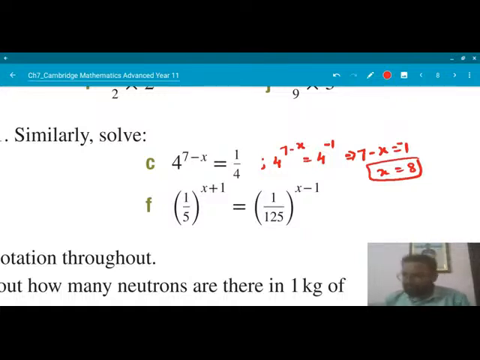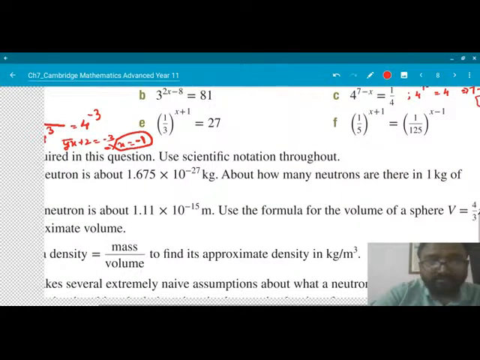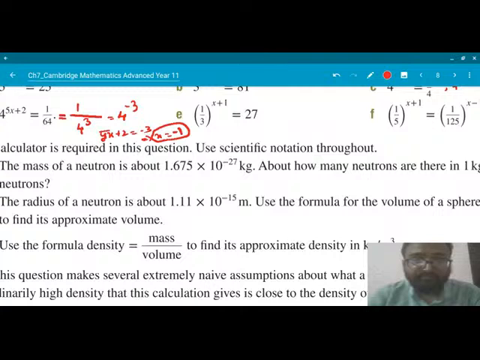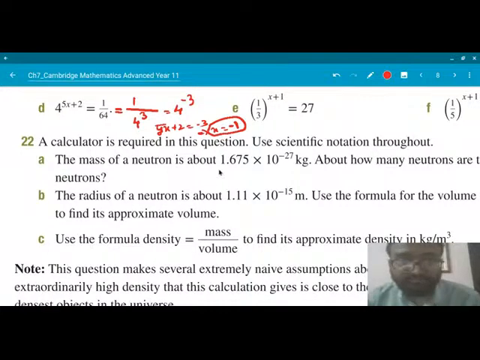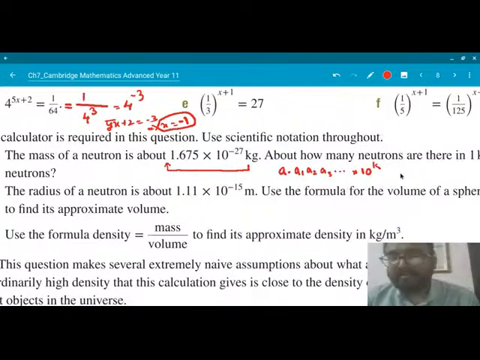So next we have to do, I said that, scientific notation. This is called scientific notation. See, scientific notation is nothing but something A dot A1, A2, A3 into 10 power k. And here A lies between 0 less than or equals to A less than 10.